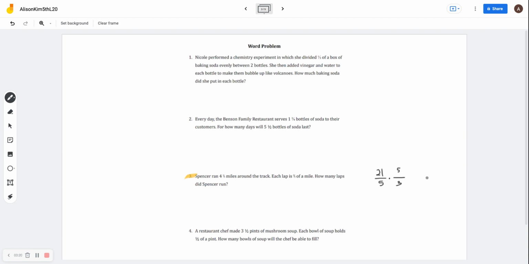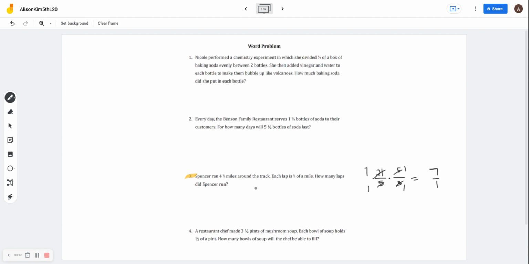Once again, I'm going to multiply, but before I do that, I'm going to make sure that everything is simplified. As we see here, 5 and 5 can both turn into 1s. This 3 can turn into a 1, and this 21 can turn into a 7. Now we can multiply across, and we get 7/1, which is the same thing as just 7.